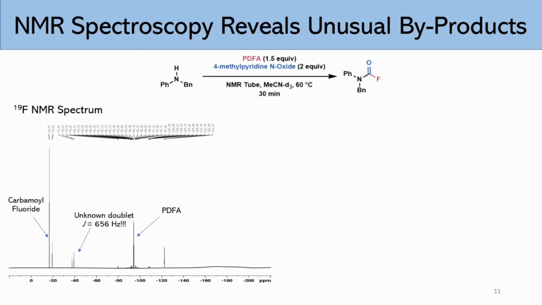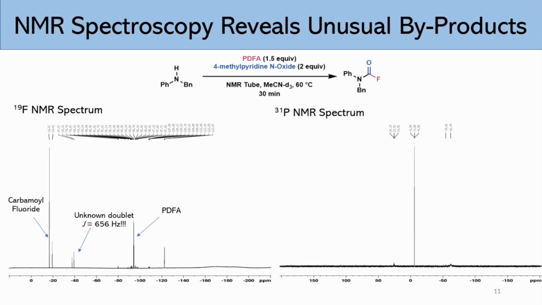That's kind of what we thought also, until you open up the phosphorus NMR spectrum and you see triphenylphosphine, PDFA overlapping with triphenylphosphine oxide. But if you look really close, you can see this triplet with a coupling constant of 656 hertz. So this is interesting.